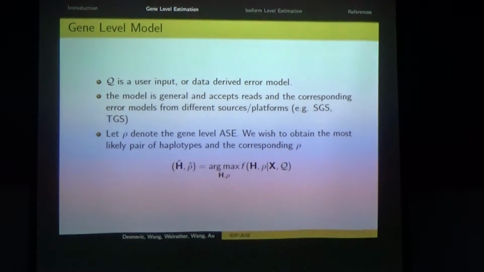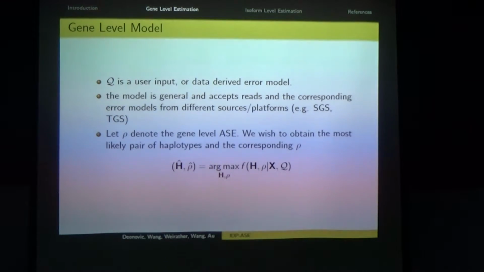Now the model is general. As I said, it accepts reads from various kinds of sources or platforms, be it SGS data or TGS data. And the error model is also very flexible. In our method, we utilize the quality scores from the sequencing data.